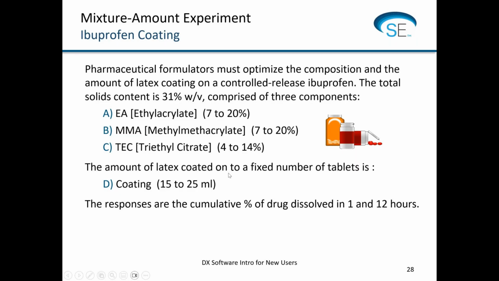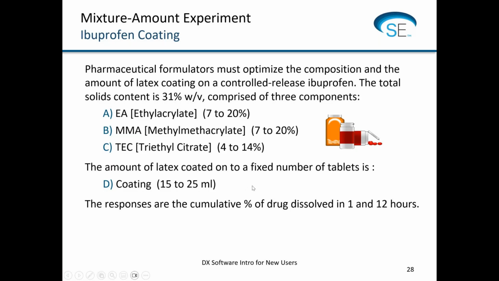What we're doing is we have a formulation. I have 3 ingredients in this formulation that we're going to play with, and that'll comprise 31% of the total formulation. The other 69% is maybe water or some surfactants, what have you. But these are the 3 that we're going to change, and they will sum to 31%. They will be varied in the ranges specified.